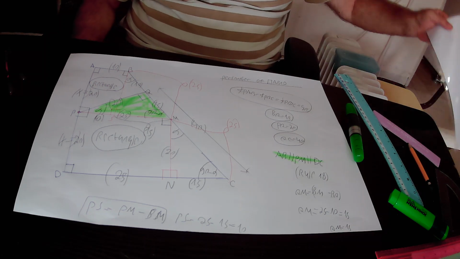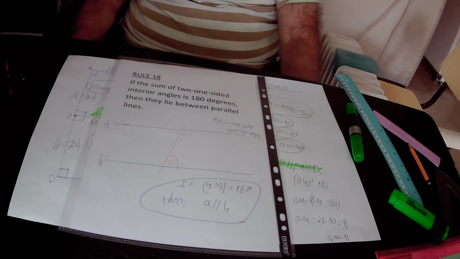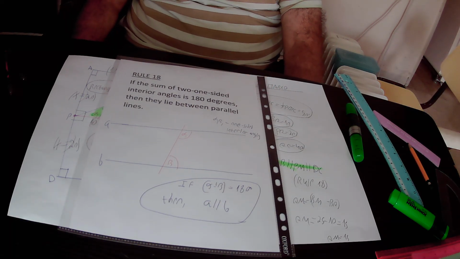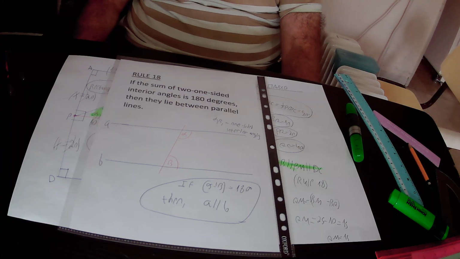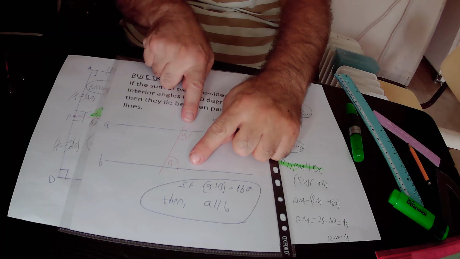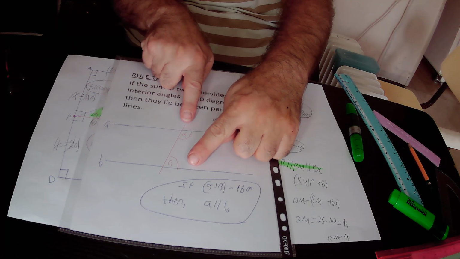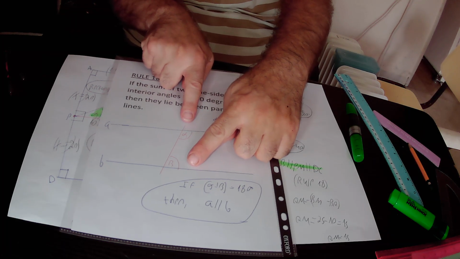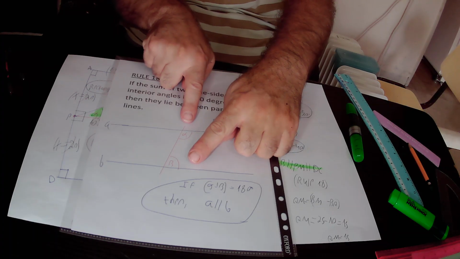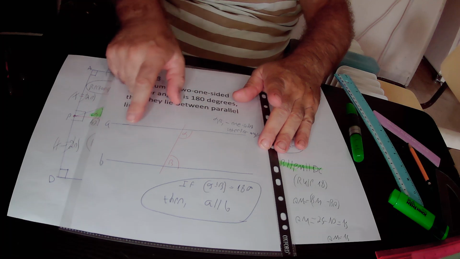Repeating again, according to Rule 18, if the sum of two one-sided interangles is equal to 180 degrees, then they lie between parallel lines. Those two angles alpha and beta are defined as one-sided interangles. So if alpha plus beta equals 180 degrees, then they are located between parallel lines. That is to say, line A is parallel to line B.